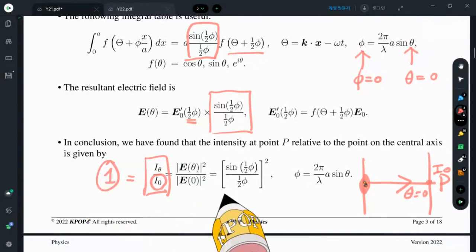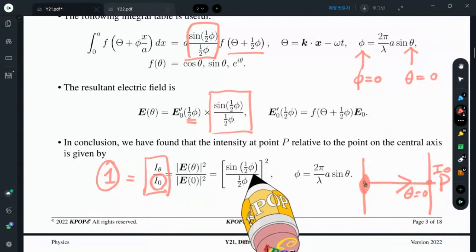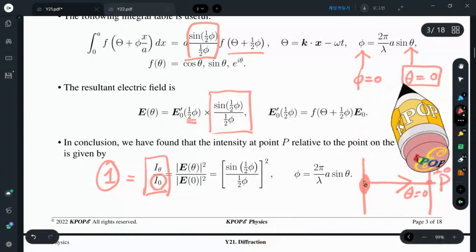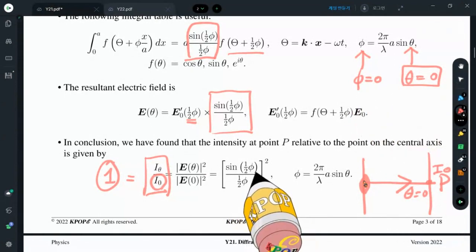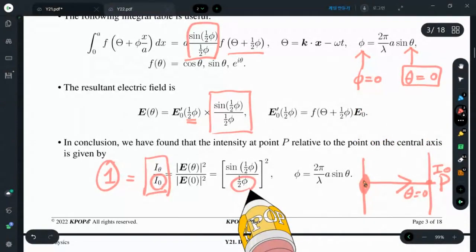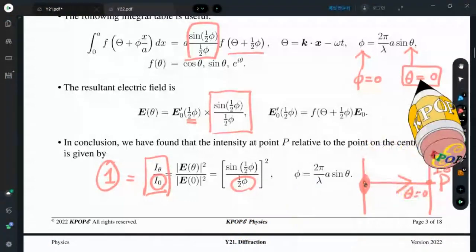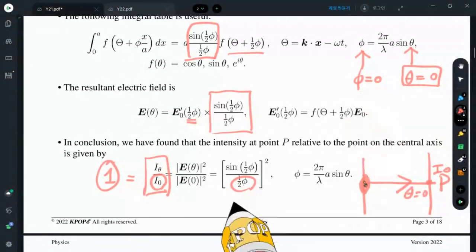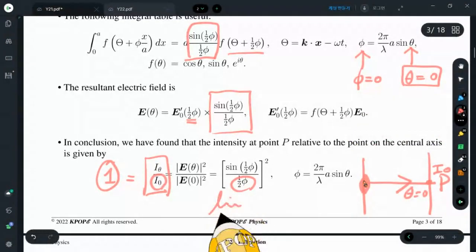Why don't we substitute phi equals 0? That corresponds to theta equals 0. The denominator becomes 0, so we cannot directly substitute phi, either phi or theta equals 0. Instead, we can take the limit as phi goes to 0.